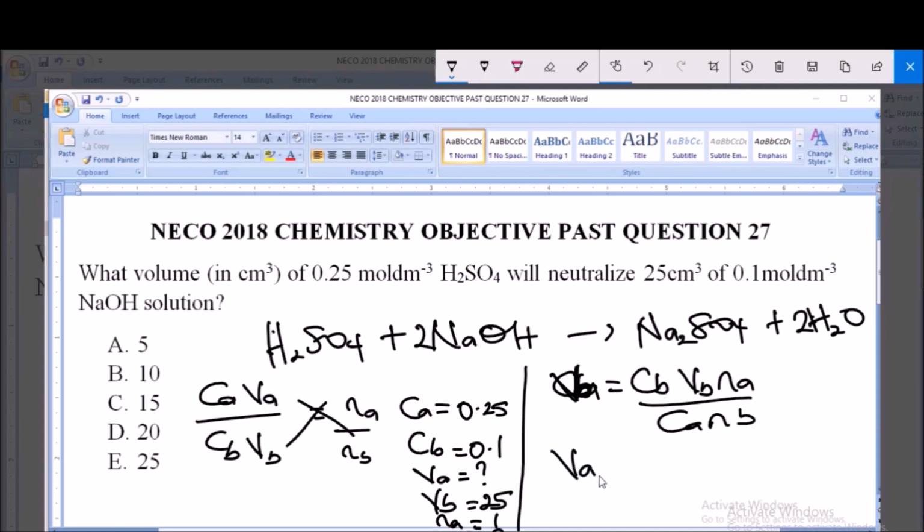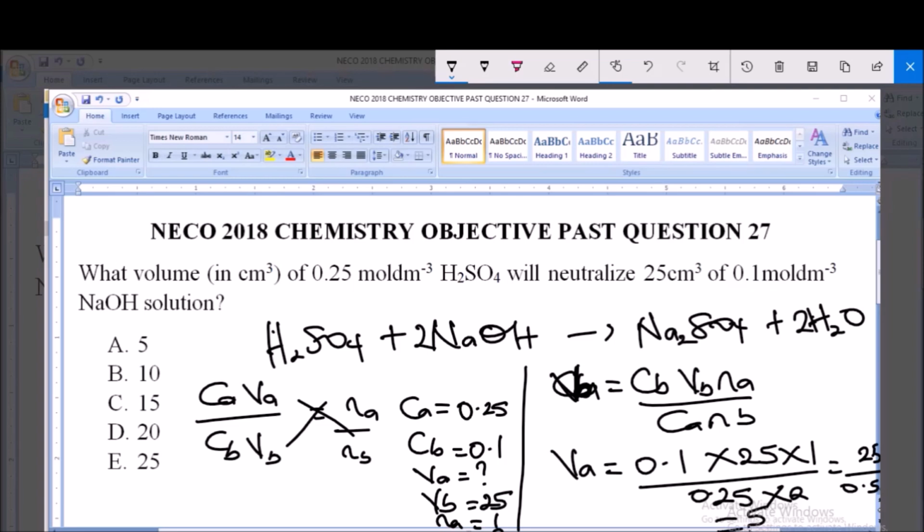So we have that Va, volume of the acid, which is what we're looking for, is equal to 0.1 multiplied by 25 multiplied by 1 all over 0.25 multiplied by 2. Now this is equal to 2.5 all over 0.5, and this is equal to 5 centimeter cube. So the volume of this acid required to neutralize 25 centimeter cube of this base is 5 centimeter cube.